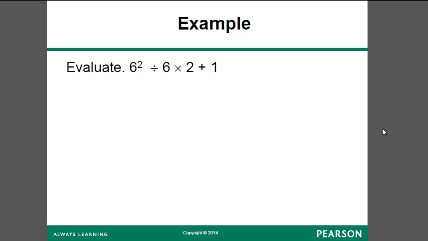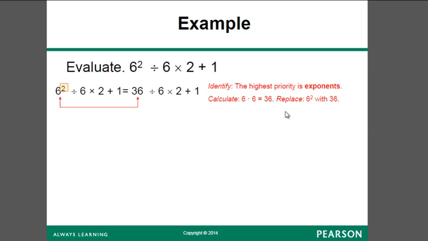I do have exponents. I have the 6 raised to the second power. I need to do it first. So, 6 to the second is the same thing as 6 times 6, which is 36. So I'm going to replace the 6 squared with 36 and rewrite the rest of my problem.